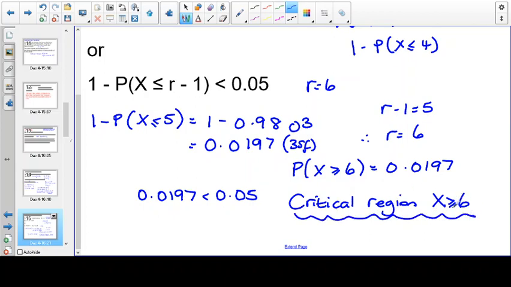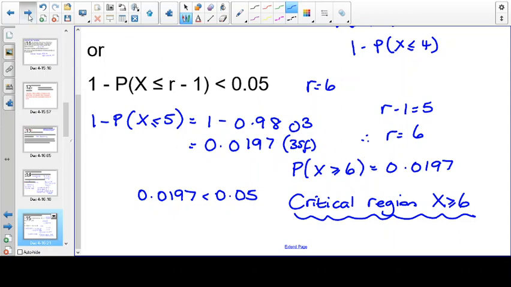So I've worked out that I would need to have won 6 or more games in order for the probability to be so small, less than 5%, that it can prove that I've cheated. So 5 wasn't enough, but 6 would have been.